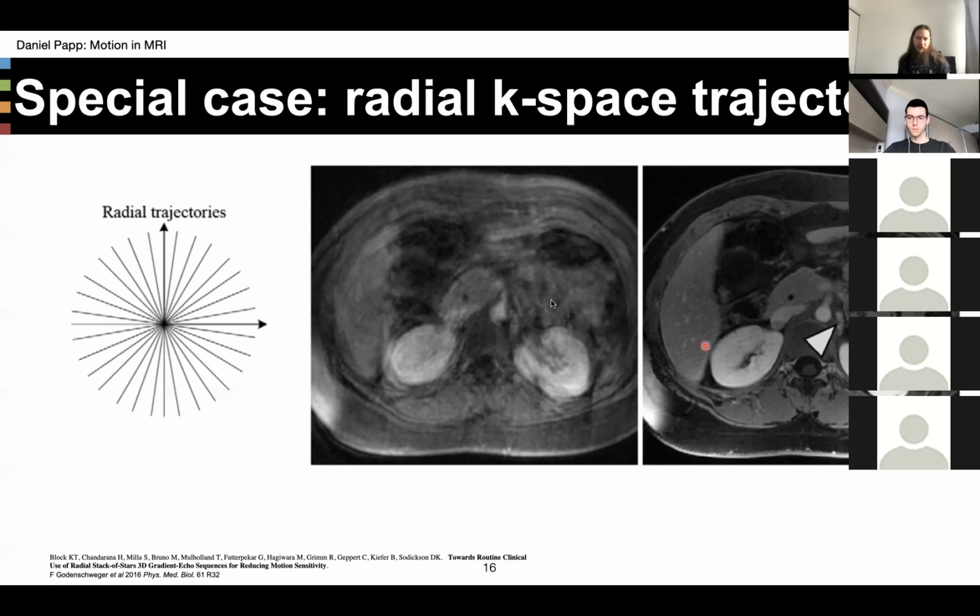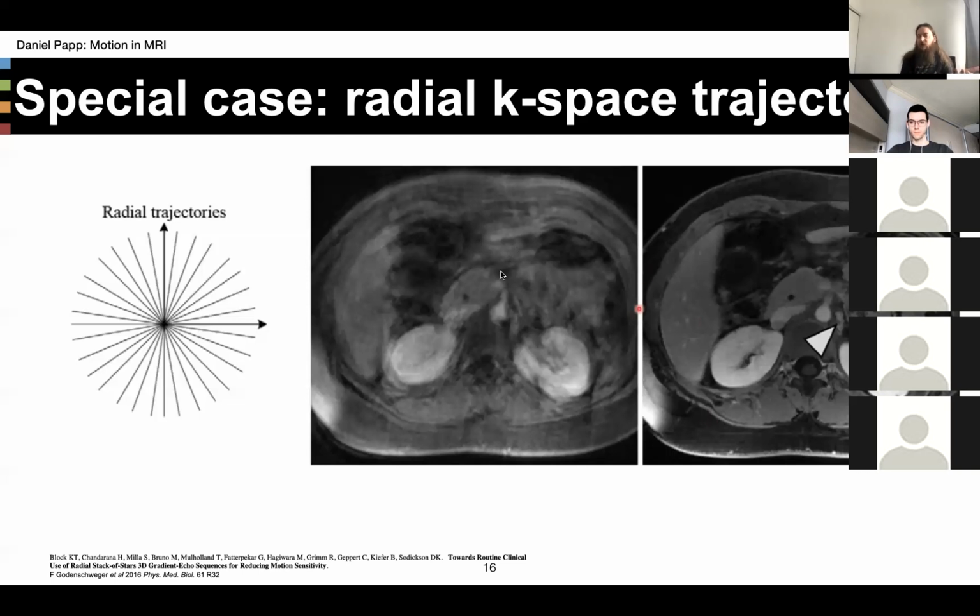But to push back a bit against the conventional wisdom that radial k-space trajectories are not affected by motion, that is not true. They are, but the artifacts are not this coherent displacement, this coherent ghosting of something on top of the image of your interest, which renders this whole thing unusable. But they are more these, I hope you can see these lines, these streaks sort of fanning out.